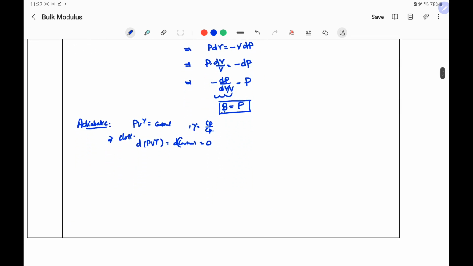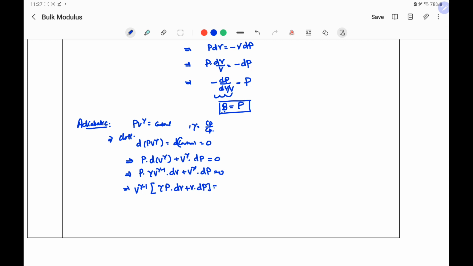So P into differential of V^gamma plus V raised to power gamma and differential of P will be 0. We can write it as P into gamma V^(gamma minus 1) into dV plus V^gamma into dP equal to 0. Here V raised to power gamma minus 1 is common, so we will have gamma P into dV plus V into dP equal to 0.